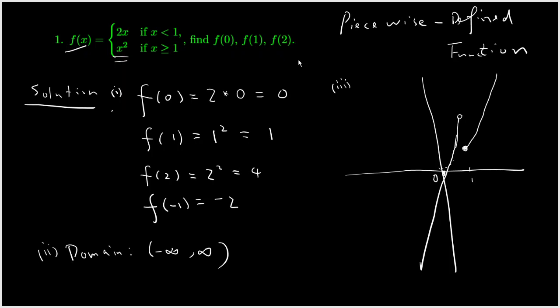I will tell you the meaning of these two things: the dot and circle. Now you look at the definition of the function. I'm going to use a dot to indicate the value of the function at 1 is given by the y coordinate of the dot.